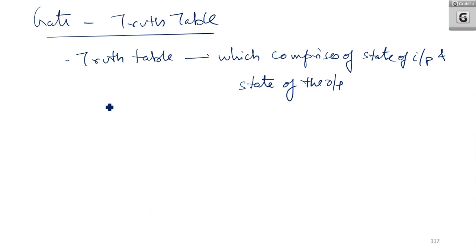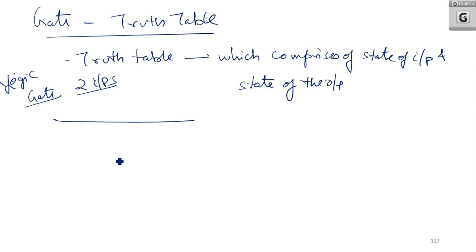Now, let me give an example. Say I am having a gate, or a logic design, with two inputs, input 1 and input 2, and this is the output.